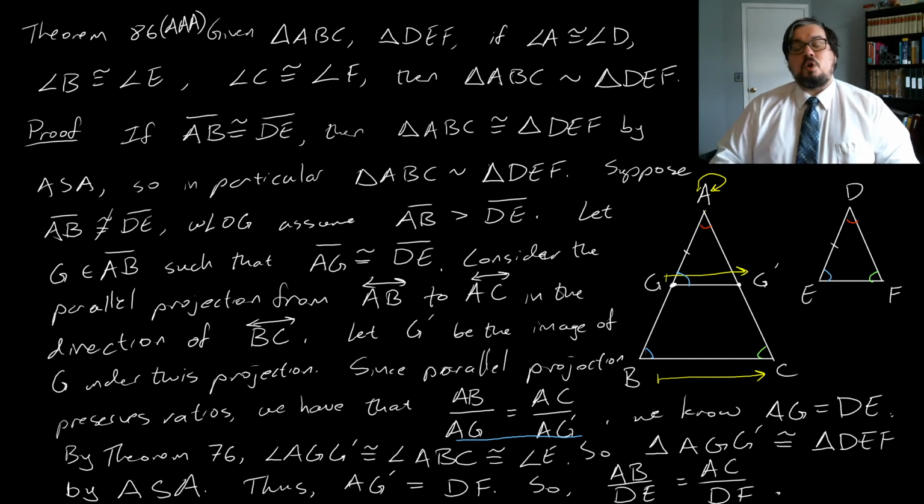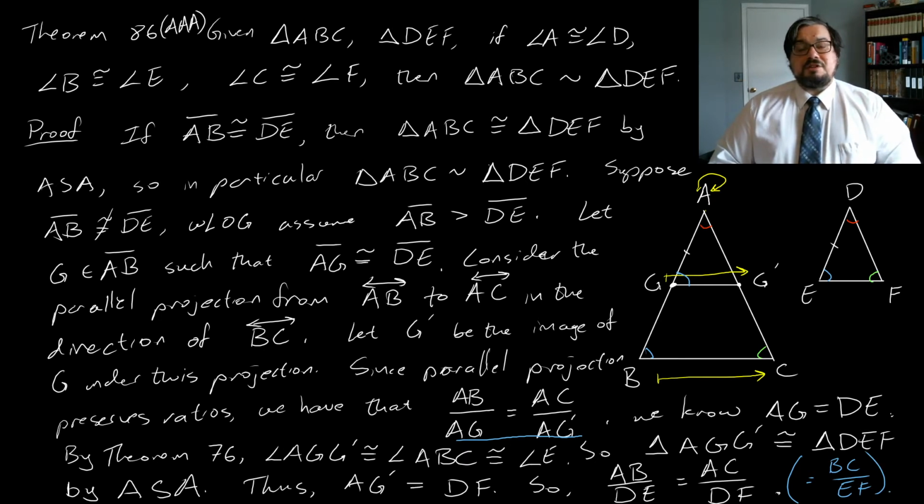Now, this isn't quite enough to show that the two triangles are similar, because we also need to show, we're missing, that all these also equal BC over EF.